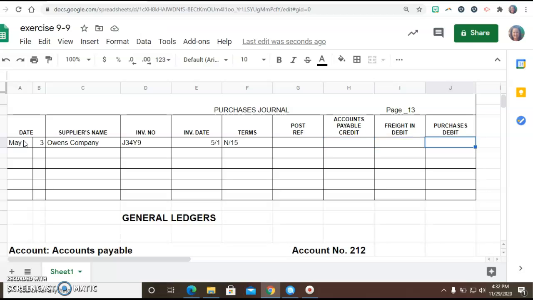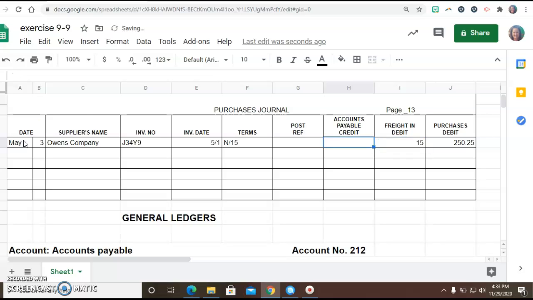We're going to go all the way over here to the end, to the purchases debit. What we need to do is look at how much the actual purchase itself cost. When you look at your book, you can see that the purchase was for $250.25. Then we have to decide, do we need to have any freight in here? What this says is FOB shipping point, freight prepaid and added to the invoice. What that means is that we are actually paying the freight, so we're going to put the $15 worth of freight in there.